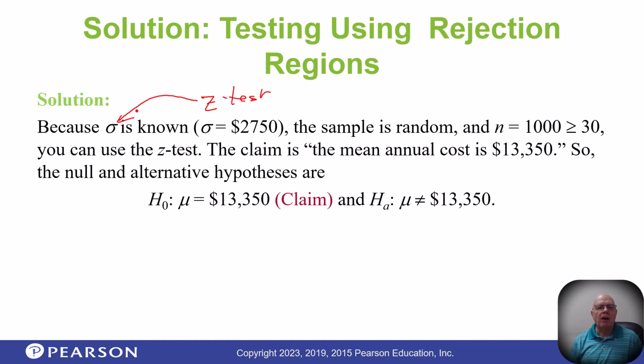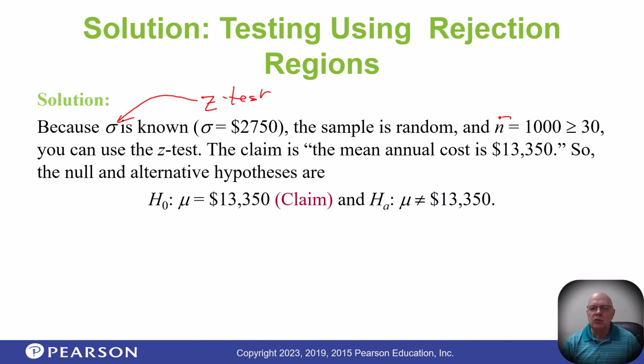It's knowing the population standard deviation that allows us to do this z-test. A quick tip for you: when we get to the next section, 7.3, that's where we don't know the population standard deviation. We can't do a z-test. And just to let you know, don't tell anyone, but we'll have to do a t-test in that case. But back to our problem.